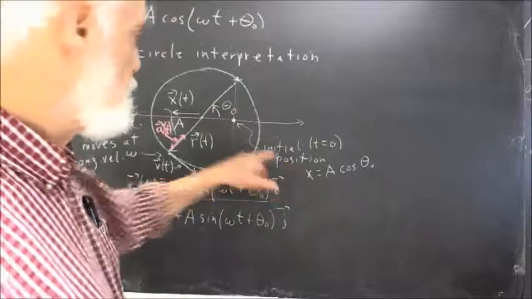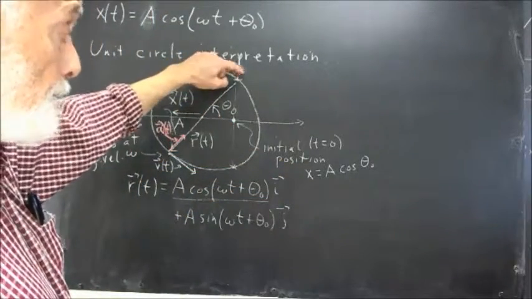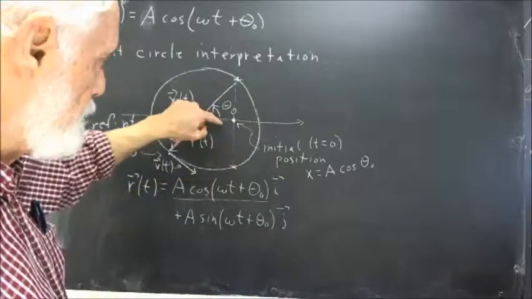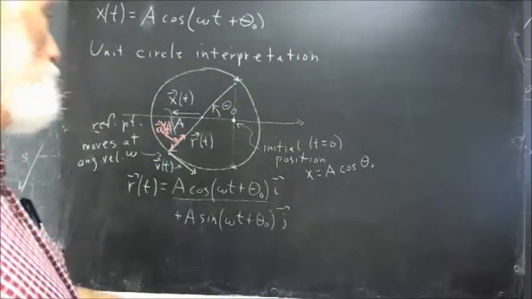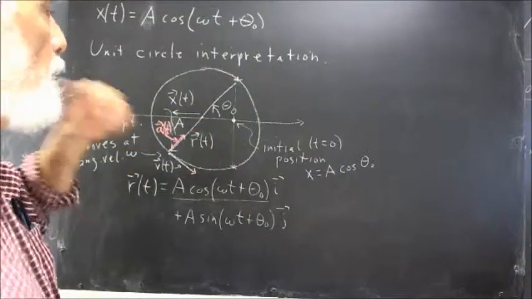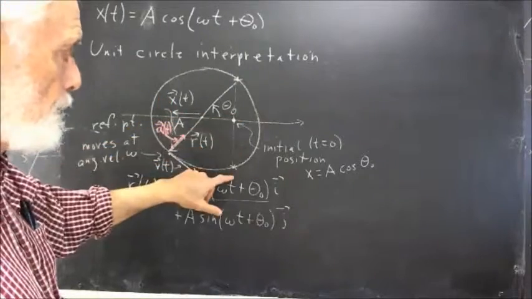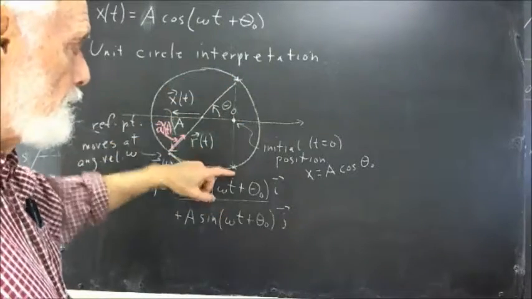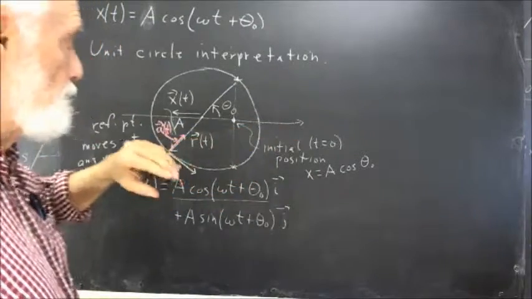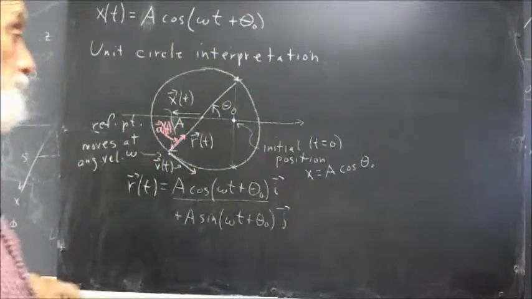The initial position, x, determines the angle theta naught. Well, it determines two possible choices. The other choice is down here, and the theta naught would be all the way around here. So, of the two choices, the initial direction of the oscillator determines whether we use this choice or this choice. If we use this choice, then the initial direction will be this way. If we use this choice, then the initial direction will be back this way.